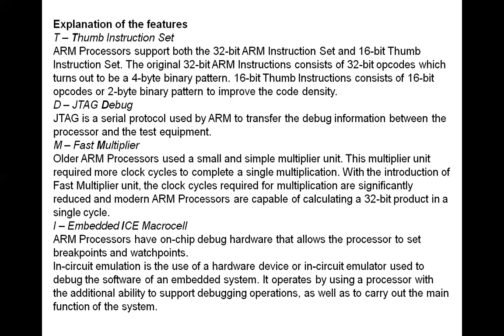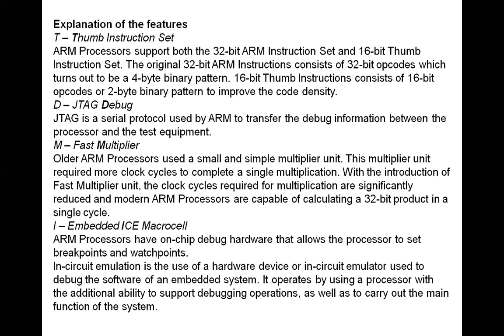As I told you earlier, T is Thumb, D is debug, M is multiplier. Now here I is slightly changed.